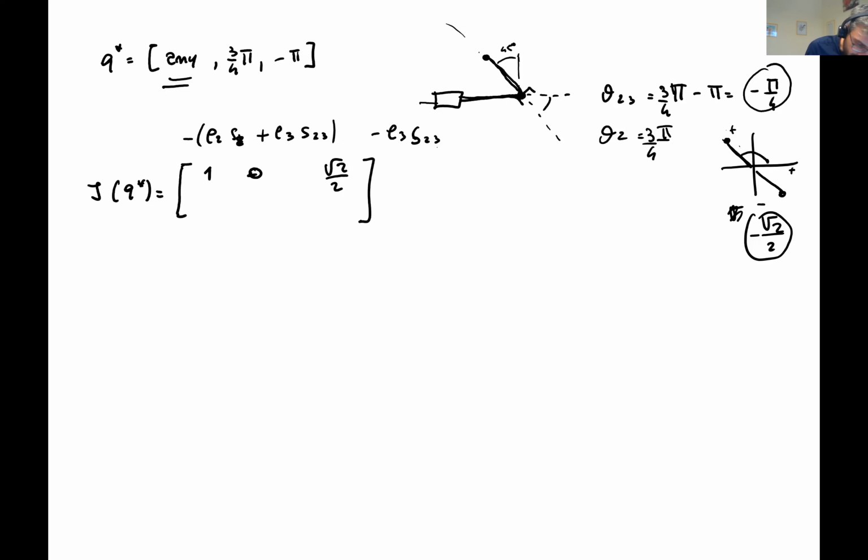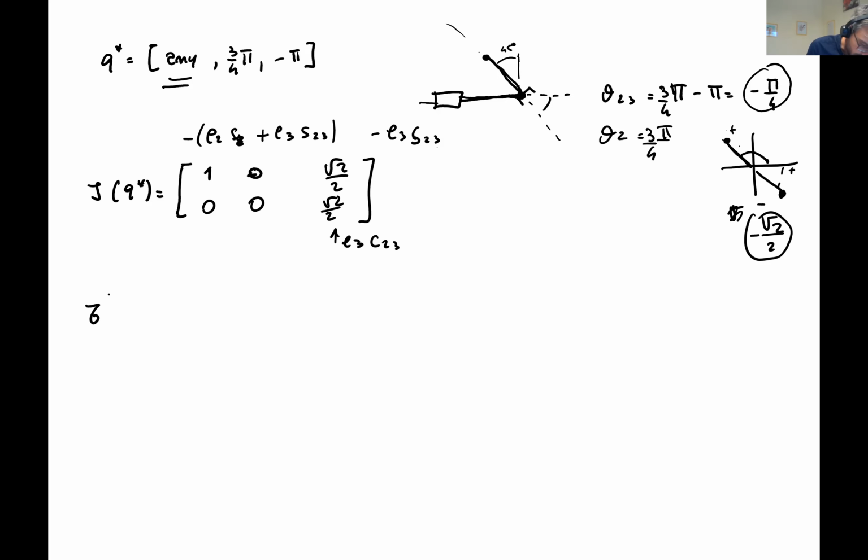Then we have a 0 here. Again, we have a cancellation of the cosines that have different signs, so this also becomes 0. And then you have L3 cosine of 2, 3, and cosine of 2, 3 again is positive and is square root of 2 over 2.